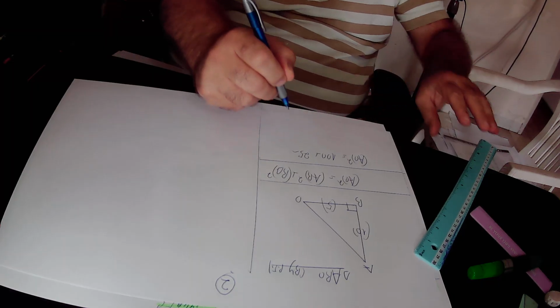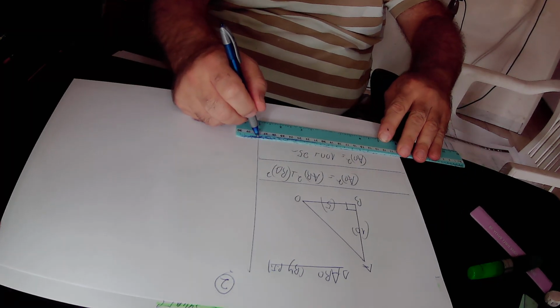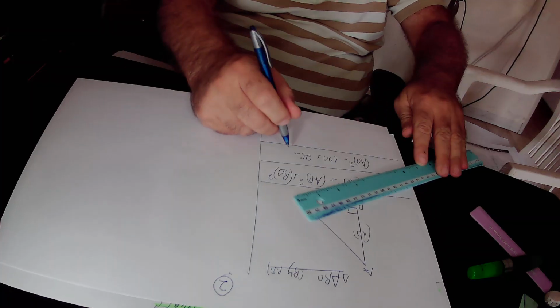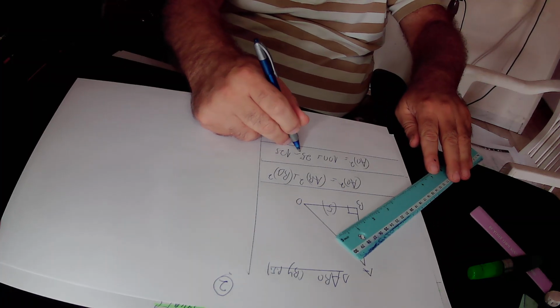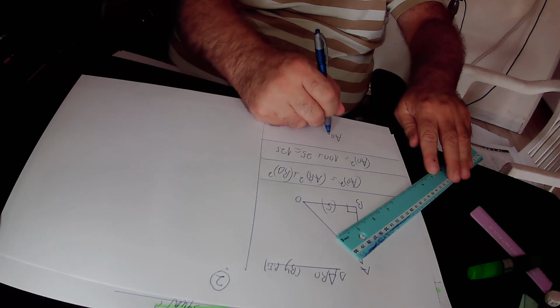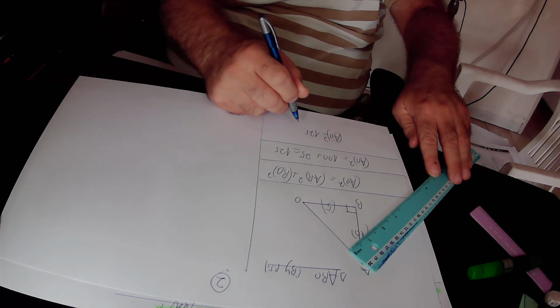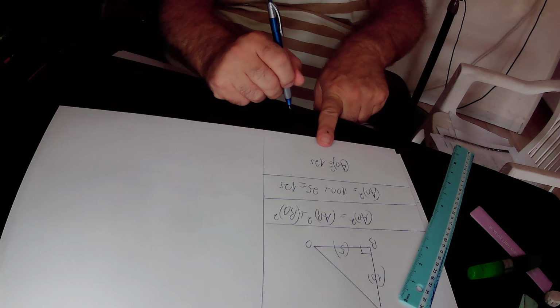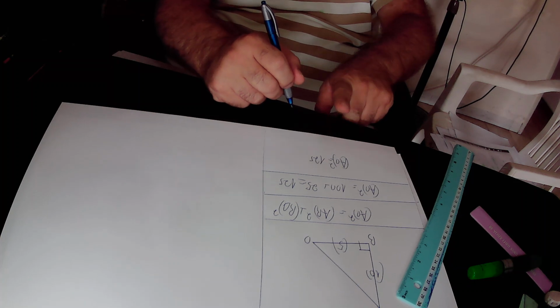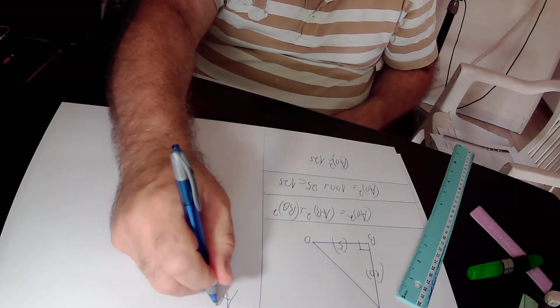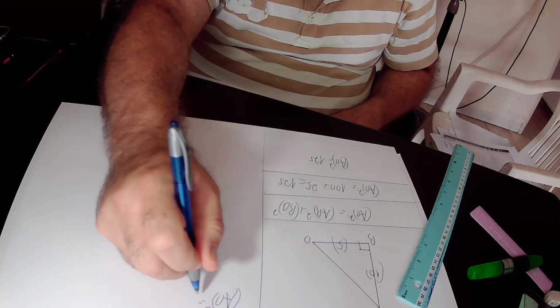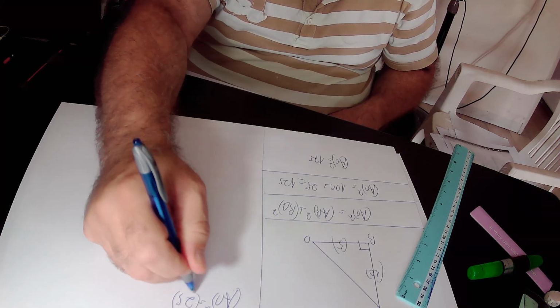So in total, we found that AO squared equals 100 plus 25, which is 125. Here we substitute 125 by 25 times 5, and we get that AO squared equals 25 times 5.